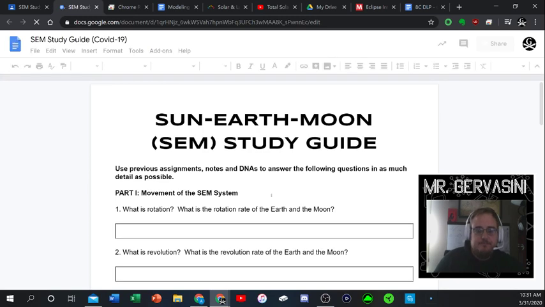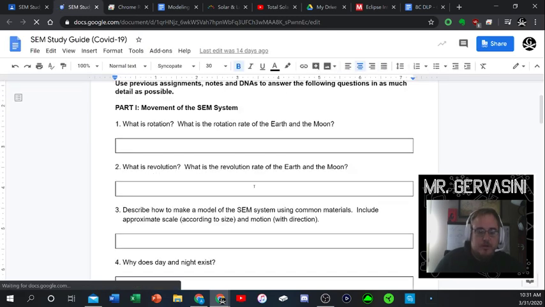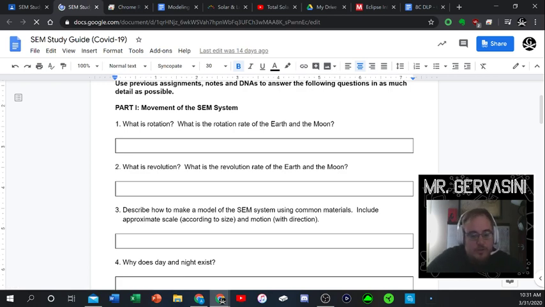So here's the study guide. And this is part 1. You are doing 1, 2, and 4. Okay? I think these are hopefully simpler than what I can ask later. And we're just going to the general movement of the sun, the earth, and the moon. Right? Number 1, what is rotation?